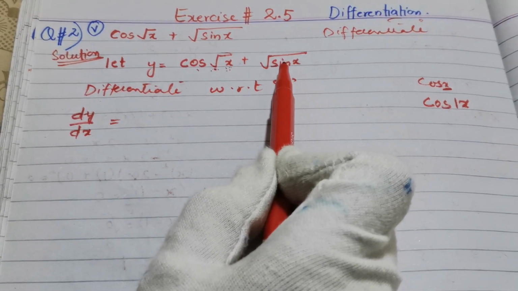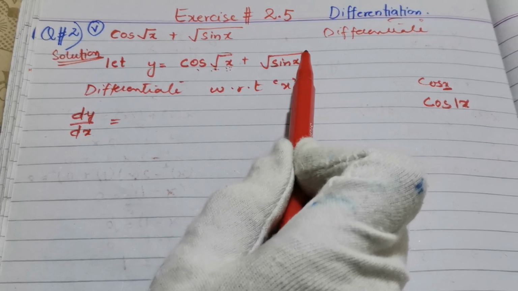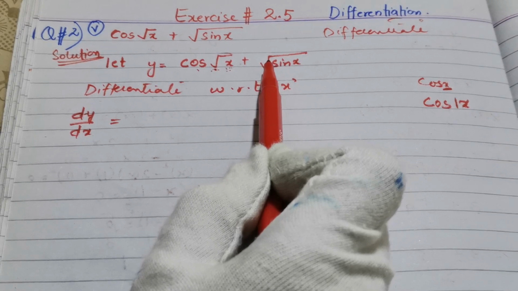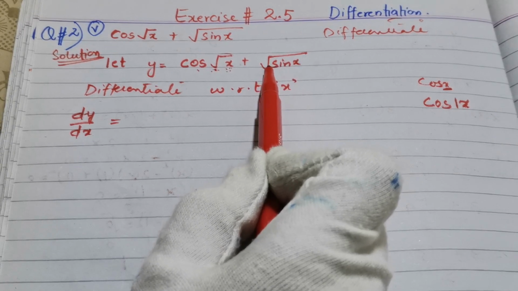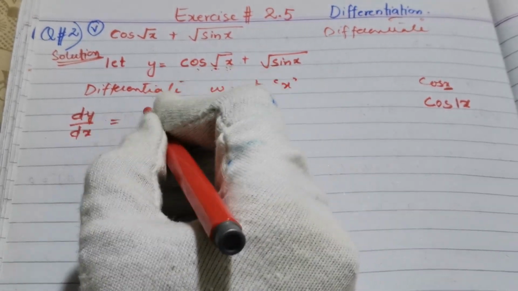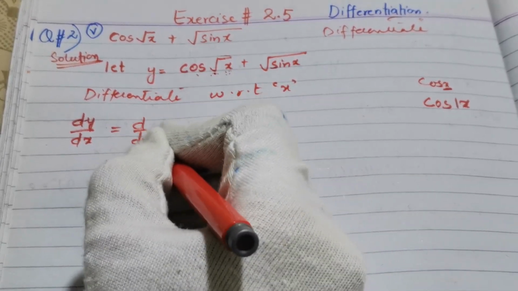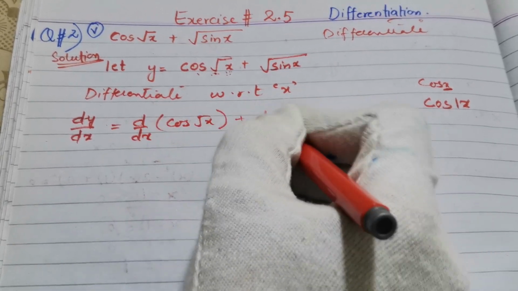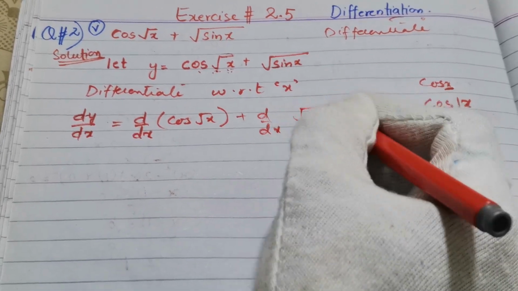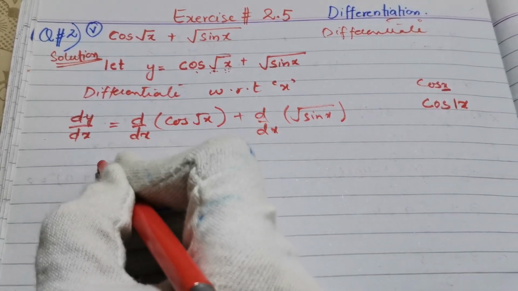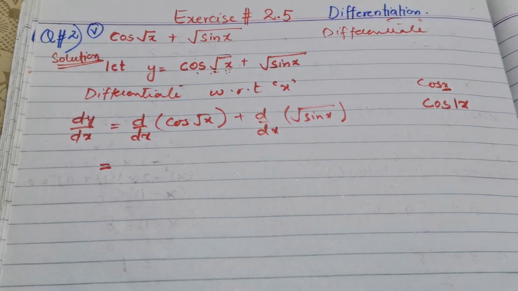Now this is simple angle and we will differentiate, but this is under the power. So first of all we will apply the power rule. Now differentiate d by dx cos under root x plus d by dx under root sine x. Now derivative of cos theta.